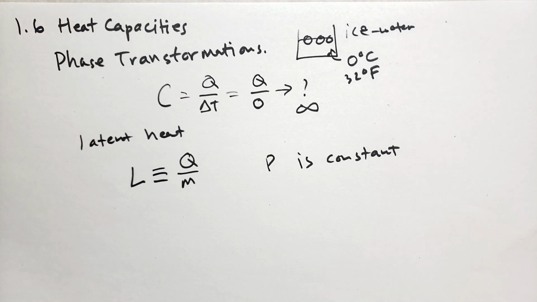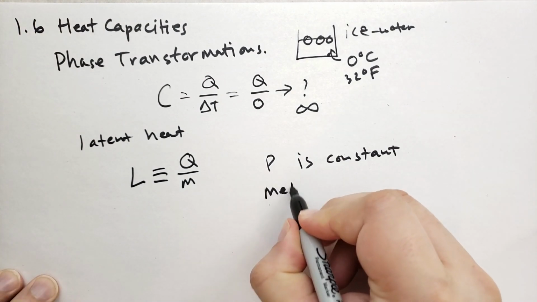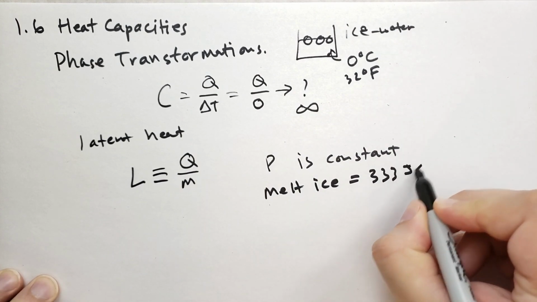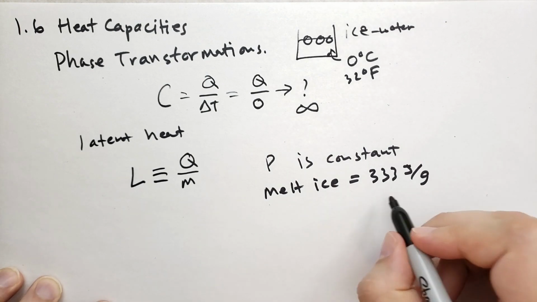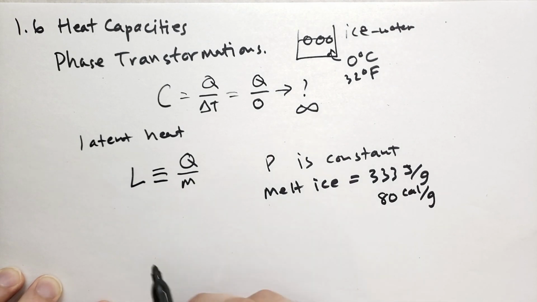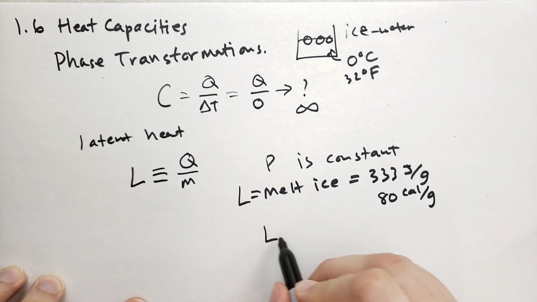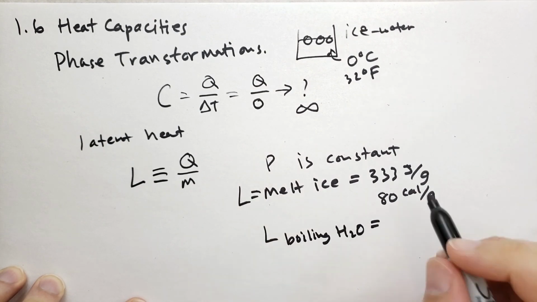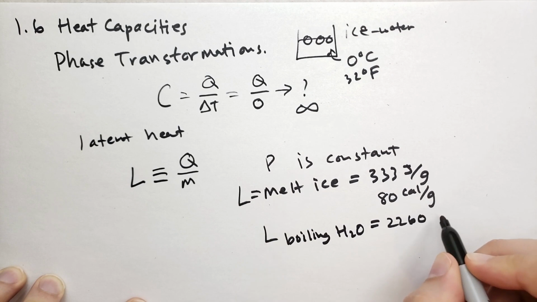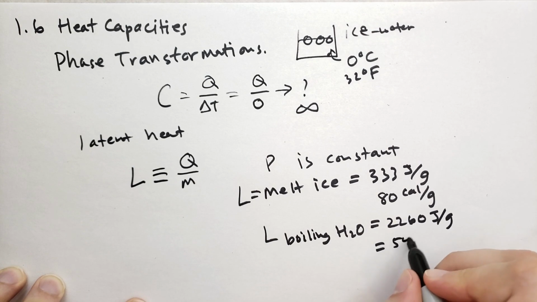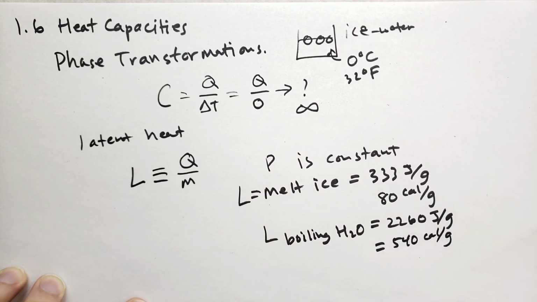The latent heat for melting ice is 333 joules per gram of ice, or we could calculate that using 80 calories per gram. So this is the latent energy of melting ice. The latent heat for boiling water, I'll just write it as a subscript here, is quite a bit larger: 2,260 joules per gram, which is equal to 540 calories per gram.